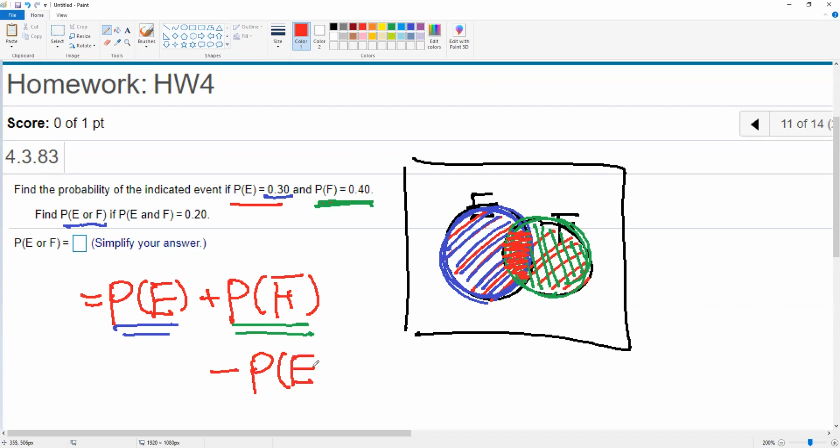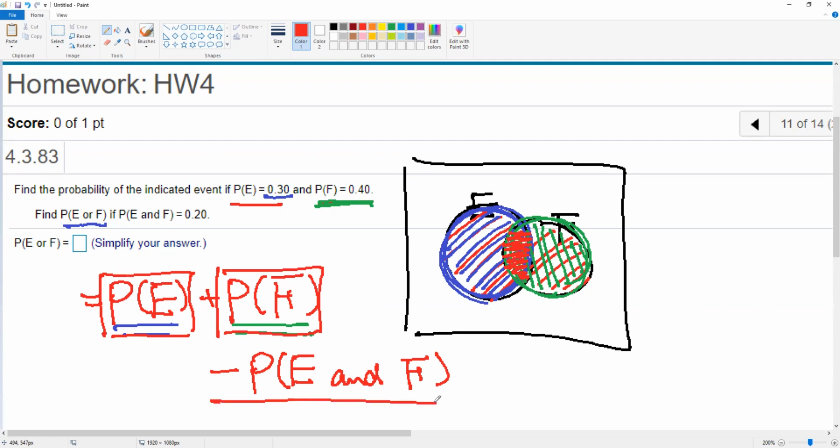How did I describe the middle? E and F. So it's not only adding the two probabilities, but now when they are not mutually exclusive, we subtract the middle probability, the common area, E and F. The probabilities are given here.